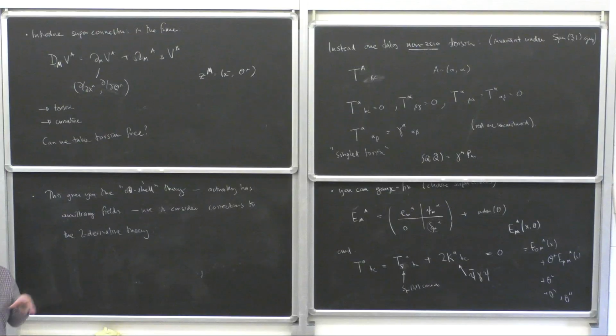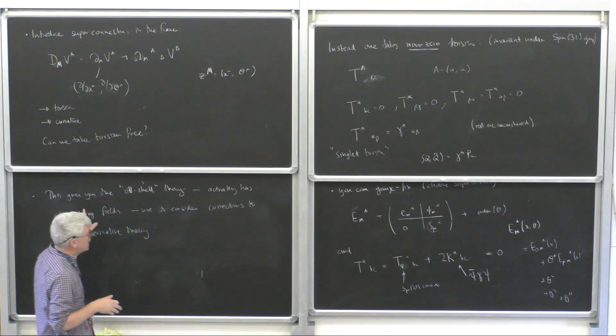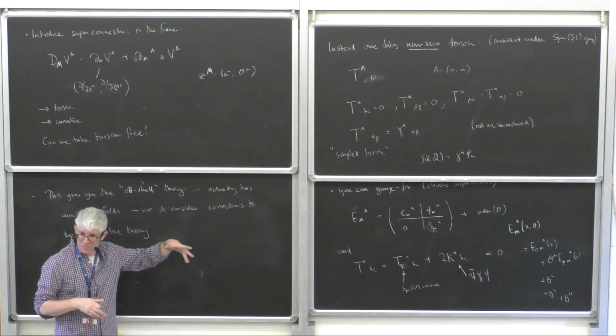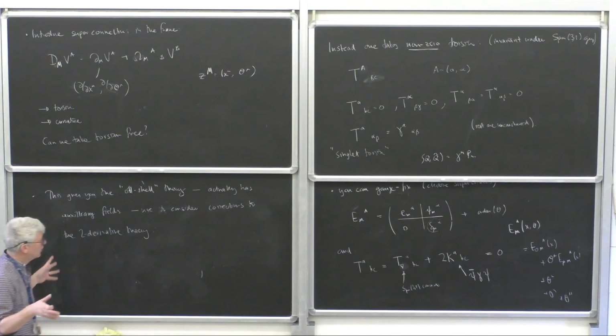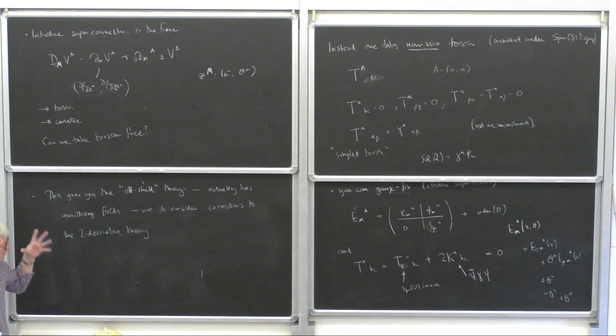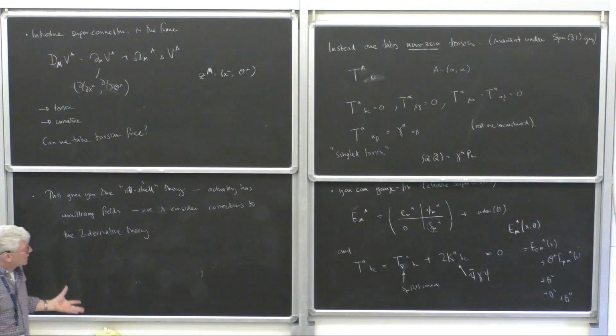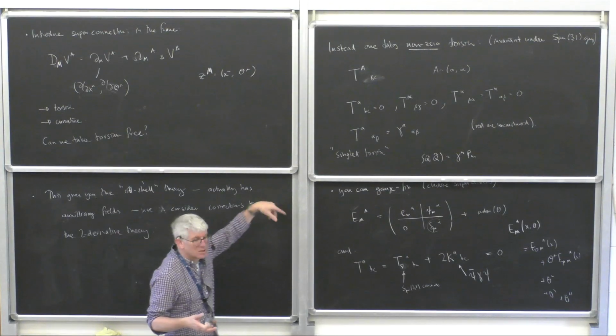So all I'm saying is, if you remember before, I said on shell, to close the algebra, we have to use the equations of motion. Here, we don't have to do that. I have some extra fields around, which I haven't told you about, which means that the algebra just closes. So now I could think about writing down more general actions in terms of the curvature.